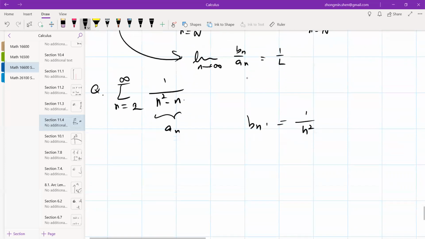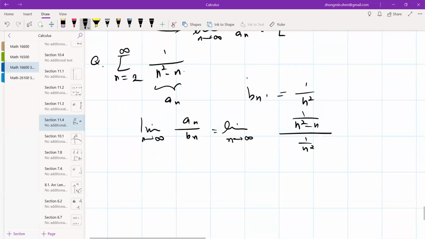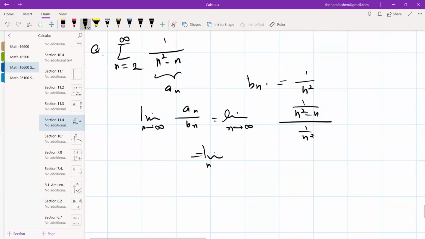Now I'm going to look at the ratio. If you simplify it, this is almost equal to 1. It's going to be n squared over n squared minus n, divided by n.